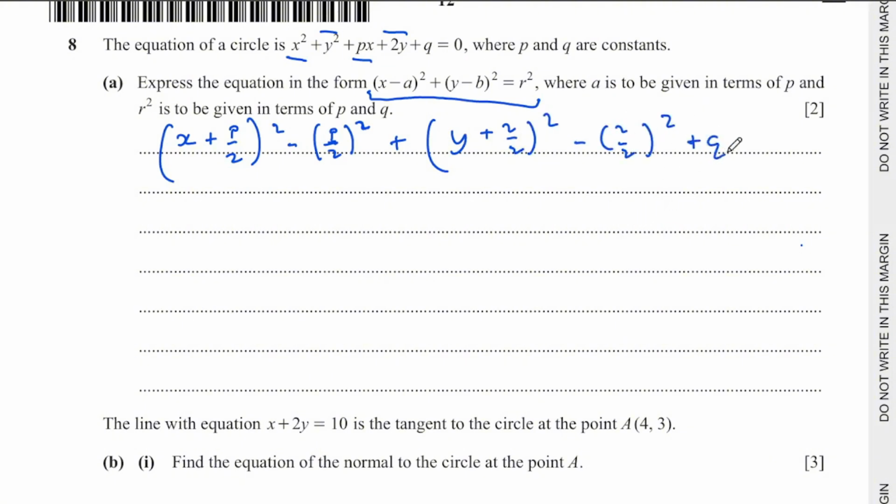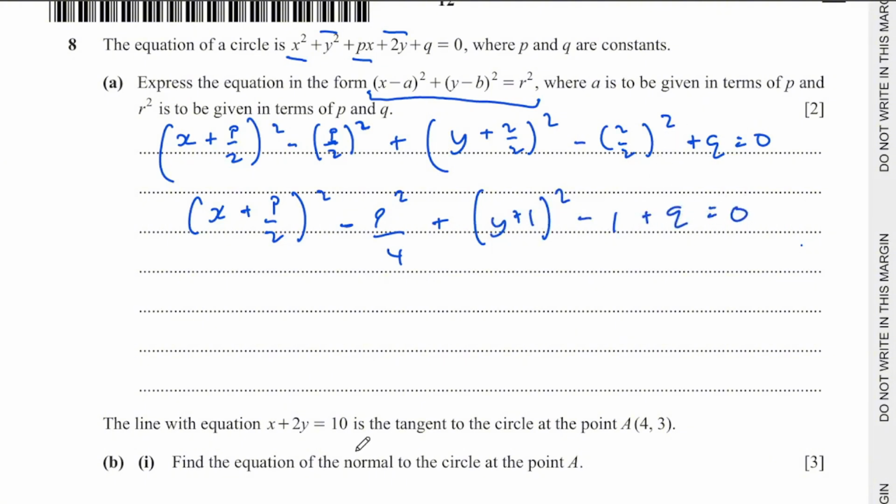And then you have your plus q at the end equals 0, right? Let's just do this here. So x plus p over 2 squared minus p squared over 4, and then here is going to be plus y plus 1 squared minus 1 plus q equals 0.